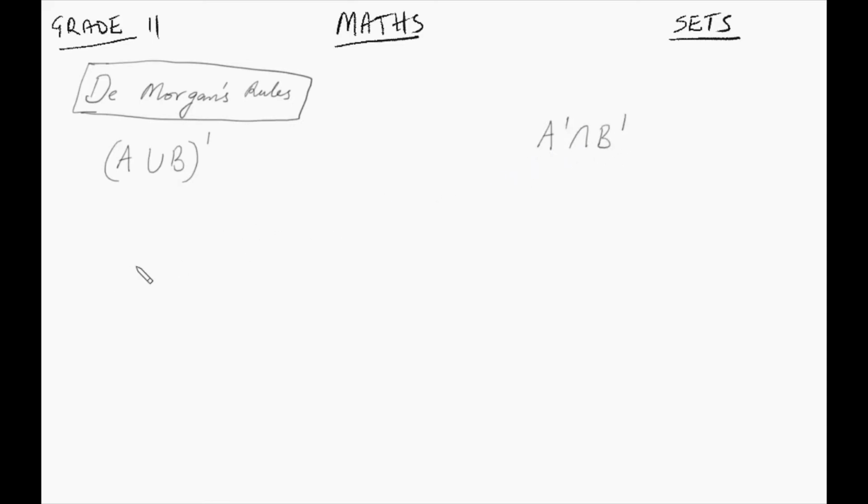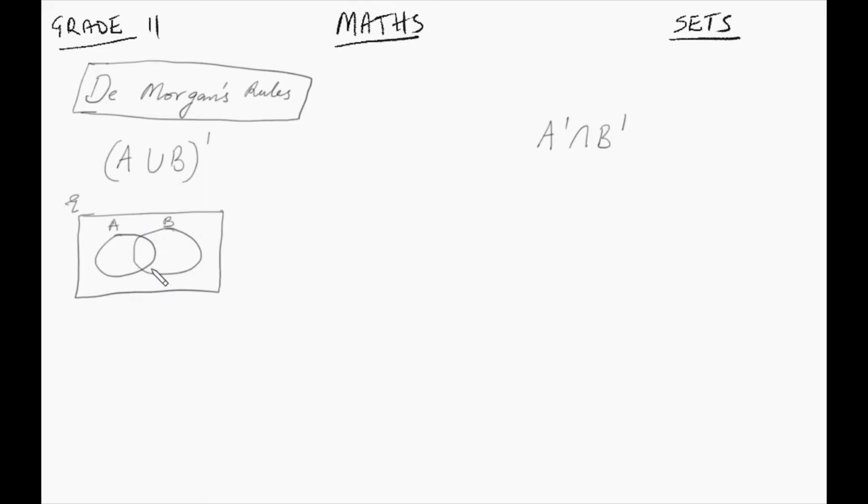Now we have this scenario here. There is the universal set, then set A with set B. Now if you were to shade A union B all complement, what would you do?